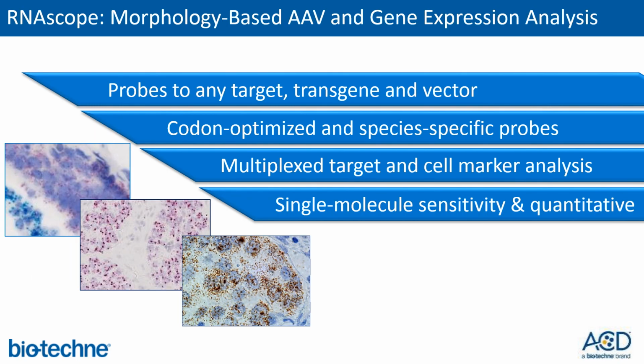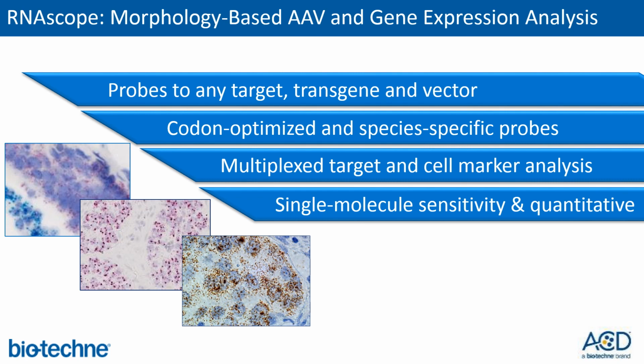And finally, our emphasis with RNAscope is the ability to perform morphology-based analysis of AAV vector biodistribution and its gene expression patterns. We can do this with probes for essentially any target transcript, any transgene, any vector.